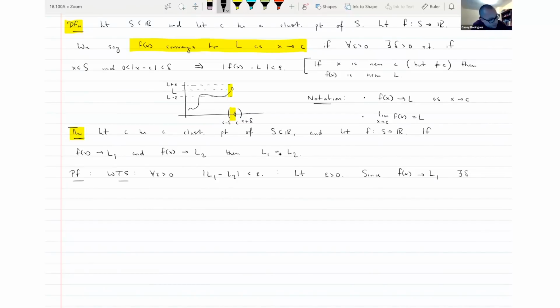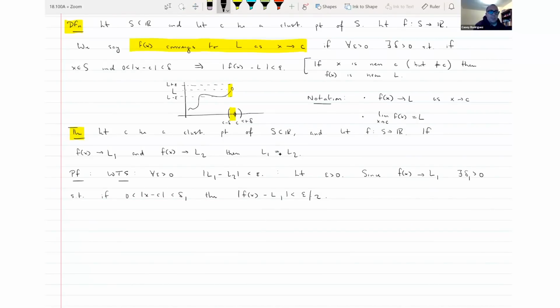So there exists a delta 1 positive such that if x is in S, and I'm probably going to keep forgetting to write that, but it should be understood that x is in the domain of the function f, if |x minus c| is less than delta 1 and bigger than 0, then |f(x) minus L1| is less than epsilon over 2.